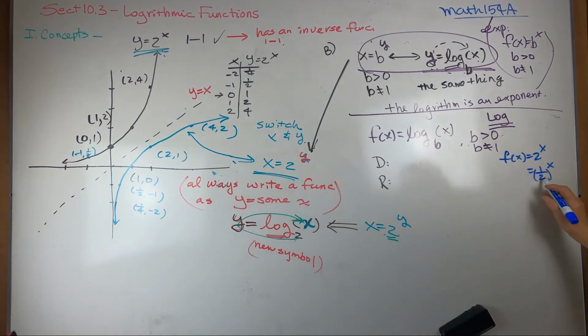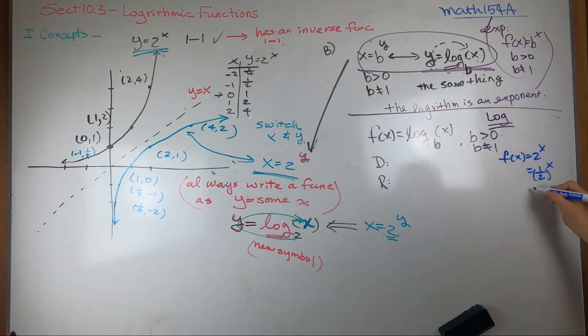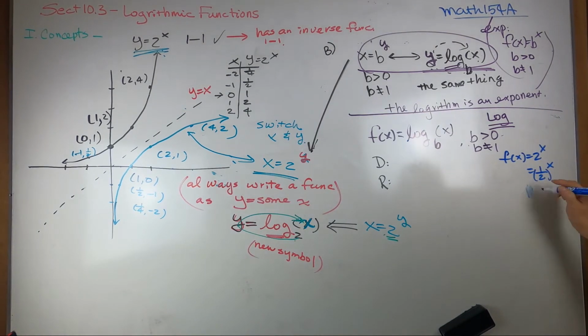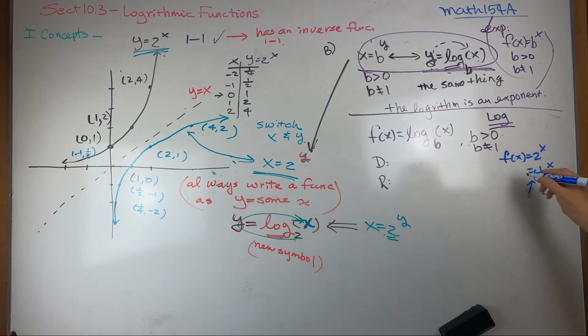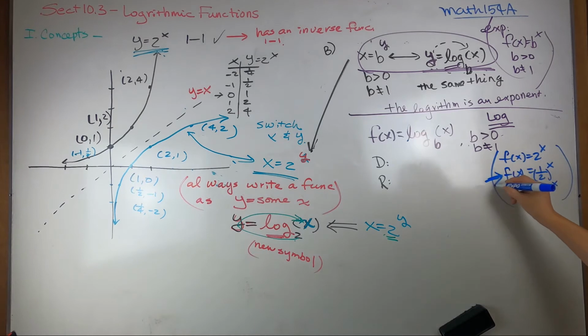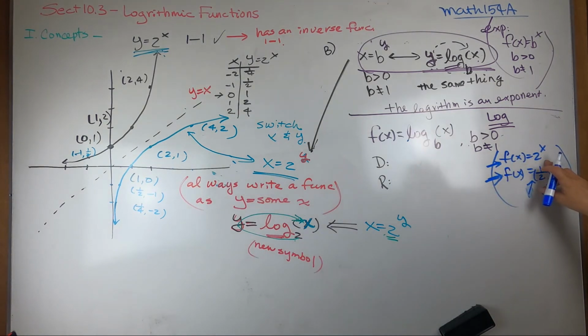B is your base. For this one, you can also write 2 to the negative x power. For the second condition, this one is decay, this one is growth. Let's just talk about growth.